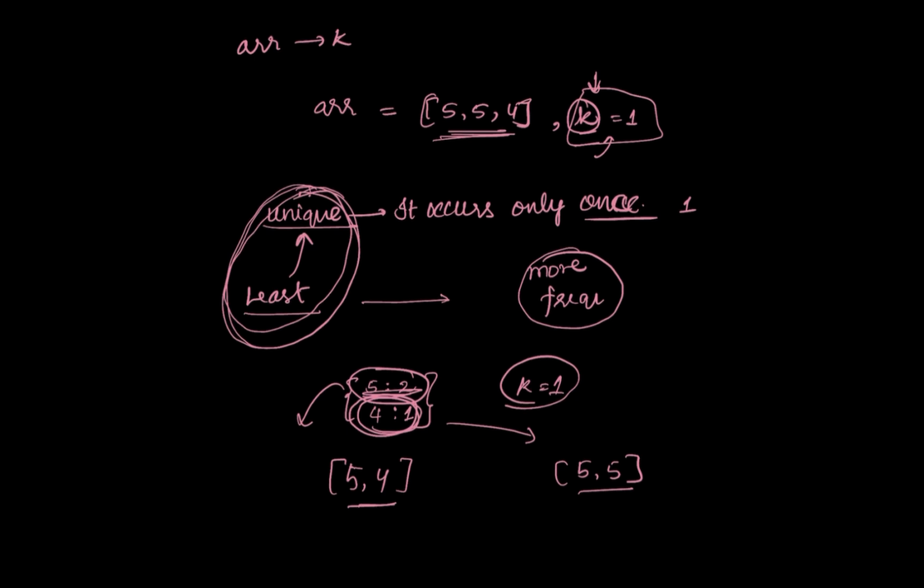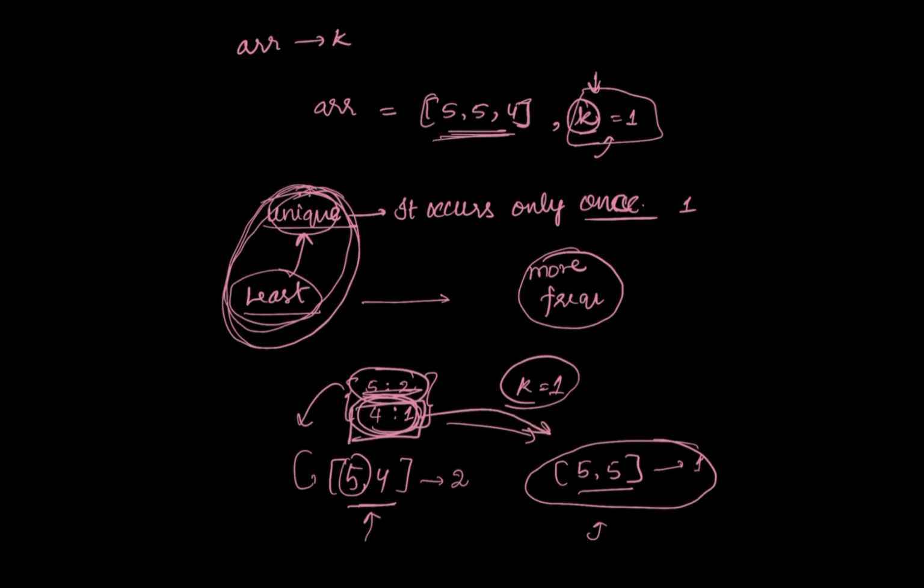Now I have 5, 4 and I have 5, 5. But what does the question say? It says that we should have the least number of unique elements. Do we have the least? Here we have 2 unique elements, and in this we have only 1 unique element. So which one will you return as the answer? You will return this one because it has the least number of unique elements. If you carefully observe what we've done here, we have eliminated the elements that have less frequency.